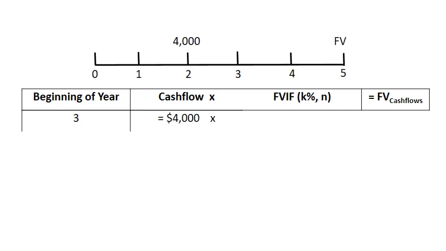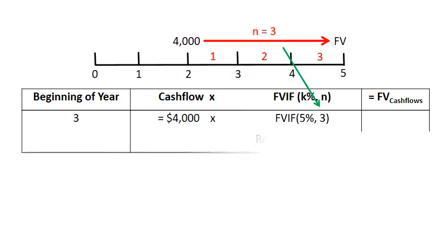Moving on to the beginning of year three, $4,000. So we're finding the future value for $4,000 at the end of year five. So period n will be 1, 2, 3. So n is 3. Bring this down with 5%, comma 3. So refer to the FVIF table.